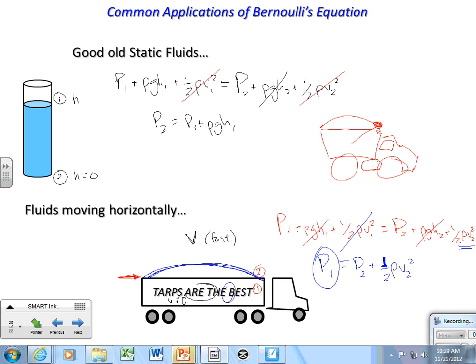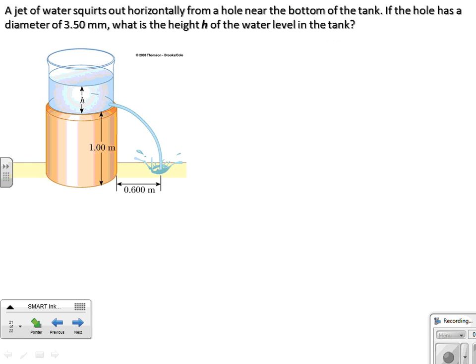A classic, very standard example of Bernoulli's equation has to do with this. It says a jet of water, and so on. We want to know what's the height of the water in the tank. Of course, this turns into a horizontally launched projectile problem. But if we're looking for something about this fluid, it comes out here at a speed v.